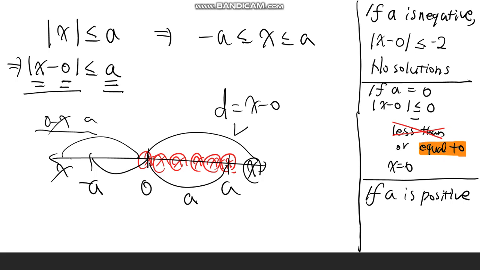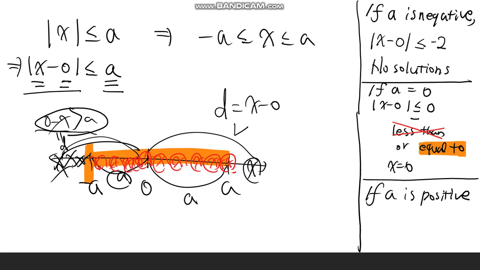Let's say this is d, this is greater than this a. I'm talking about just an absolute value here, the distance, not negative a. Therefore this doesn't work, so x cannot be here. Therefore, x should be here. Then the final answer is negative a all the way up to a.